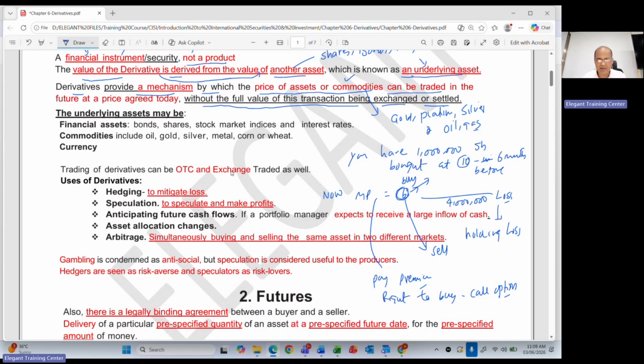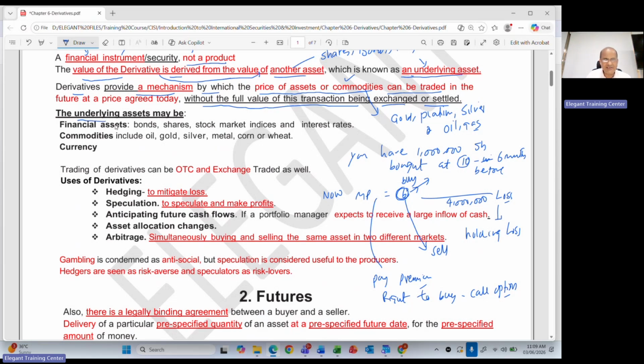Derivative is an agreement, a facility. You don't buy now, you don't pay now. You only book now, and pay later and take delivery later. That is the concept of derivatives, right?